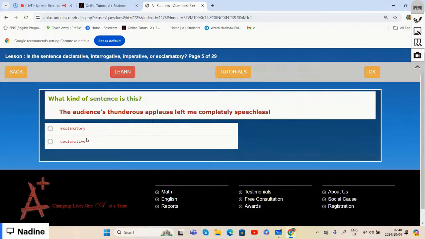All right. And what kind of sentence is this?